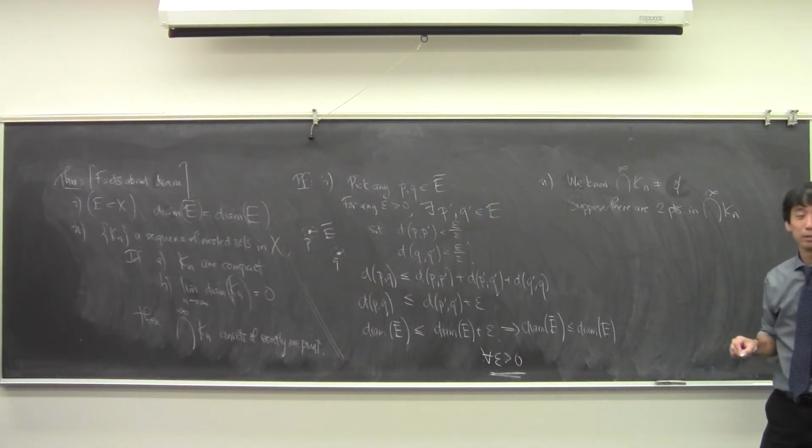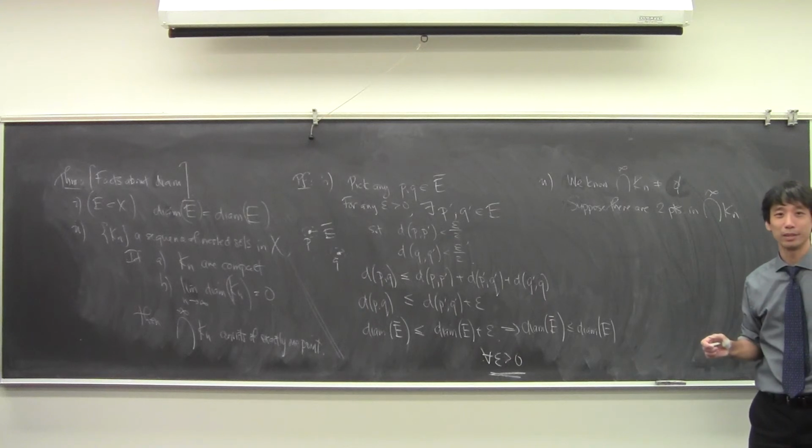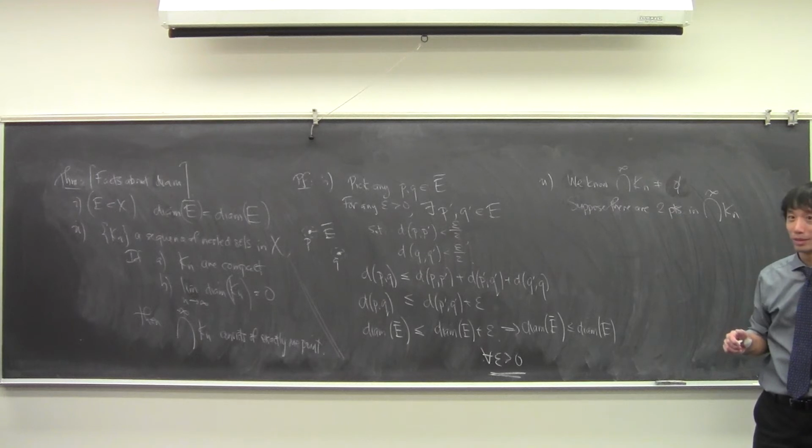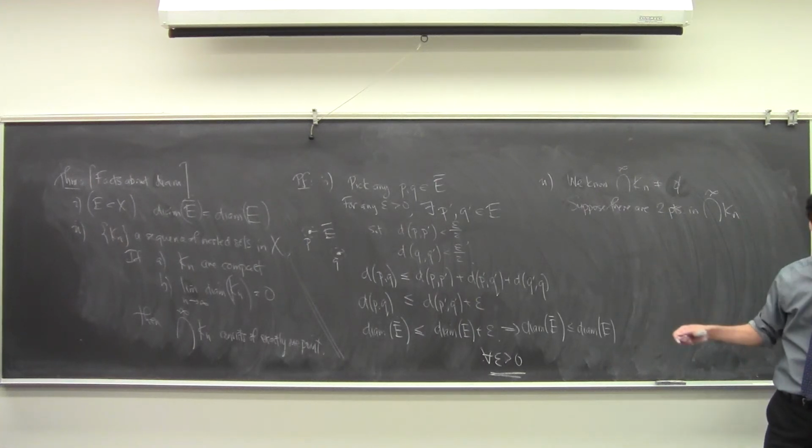Well, then what? Then that's trouble, right? Why is that trouble? Unless those 2 points are the same point, the distance between them is not 0. Exactly. So it has to be 0.